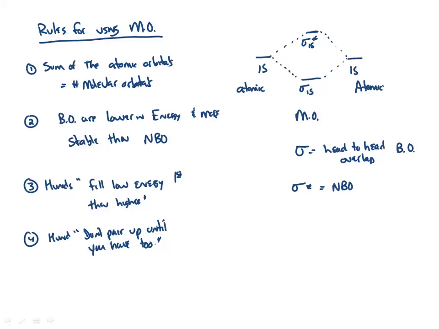So most of the rules for regular atomic orbitals apply for molecular orbitals. And then the last part is number 5. This was also a Hund's rule. It was basically if they're spin aligned, which we don't worry about too much.